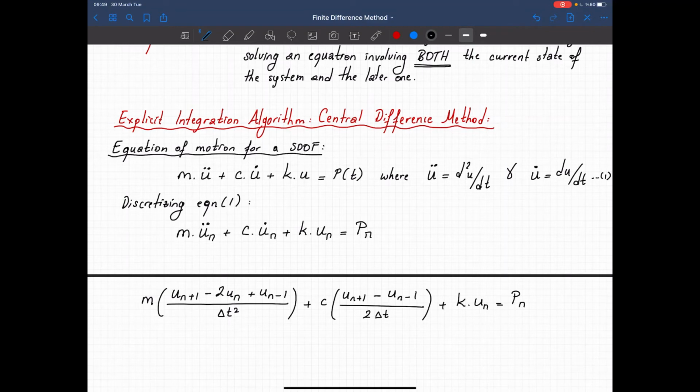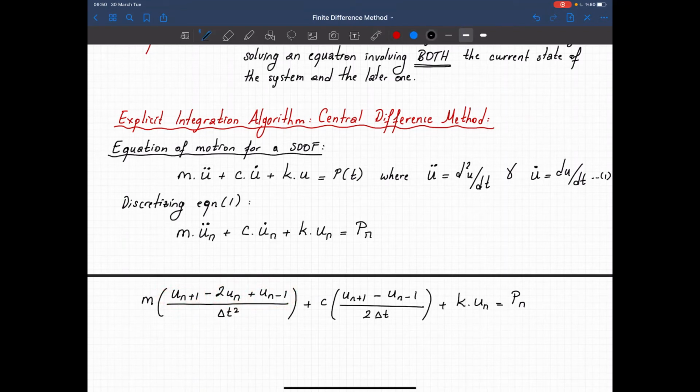That's the equilibrium condition again at a time instant. Now we discretize it. So instead of having the velocities, we have the displacement for the next time step and the displacement of the previous time step. So let's collect everything with respect to the next time step, the current time step, and the previous time step all together.